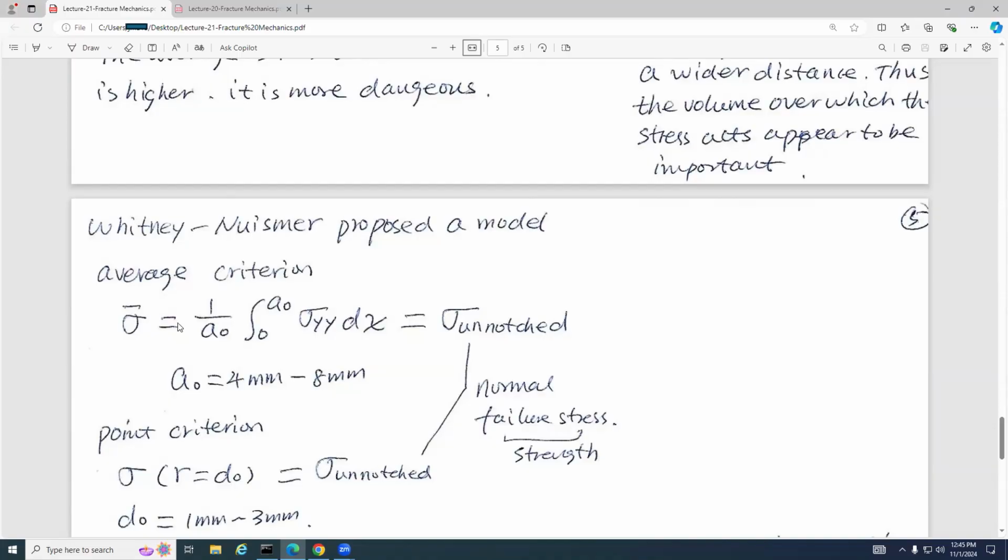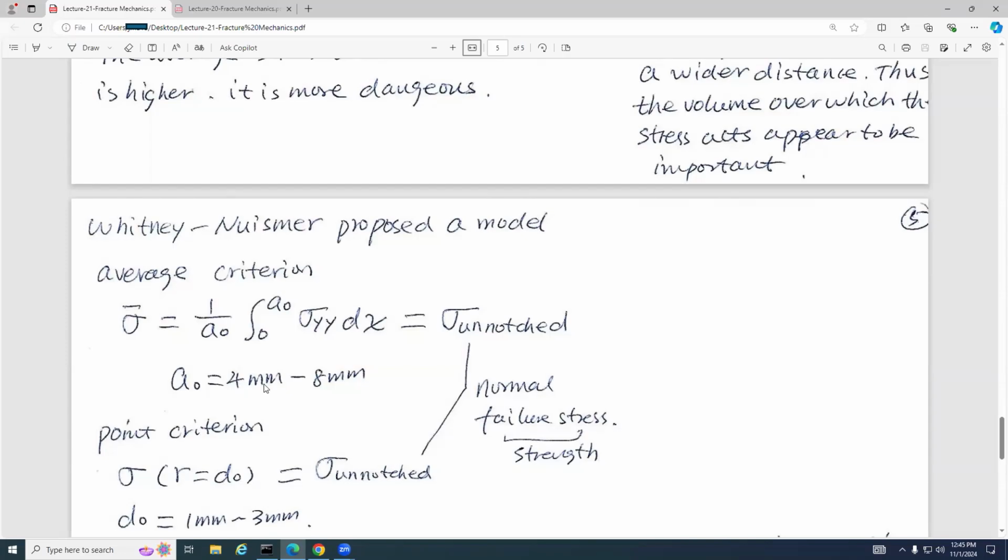So what is sigma bar? Sigma bar is the integral of sigma yy over x from 0 to a0, divided by a0, and then we compare this value with the unnotched sigma. If they are equal to each other, this is a very critical state. It is going to fail.